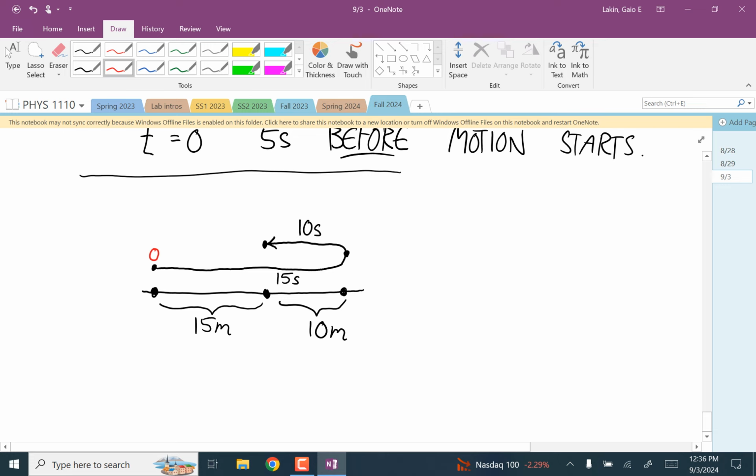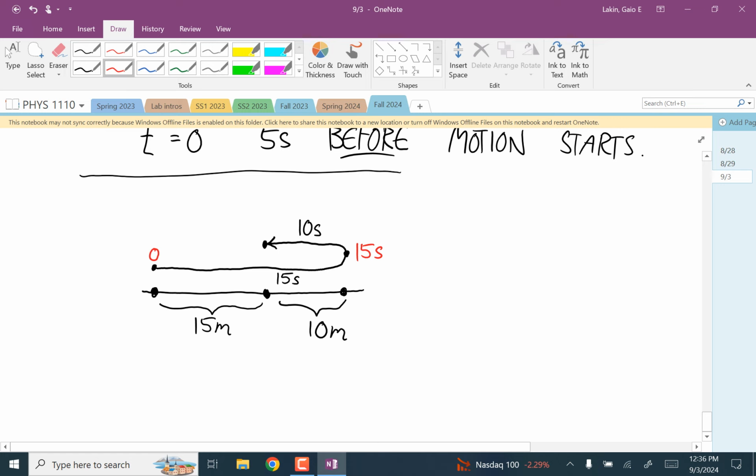If you start at time 0 and then 15 seconds goes by, what does the stopwatch say here at the car at this second instant? You can just think of it as adding time. So it's just 0 plus 15. The stopwatch here would say 15 seconds.